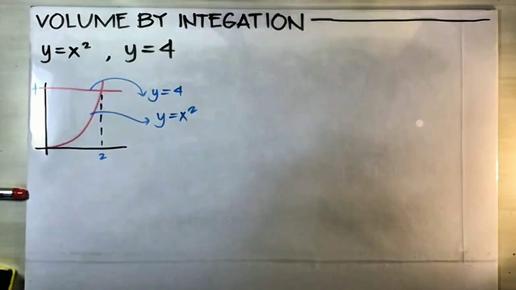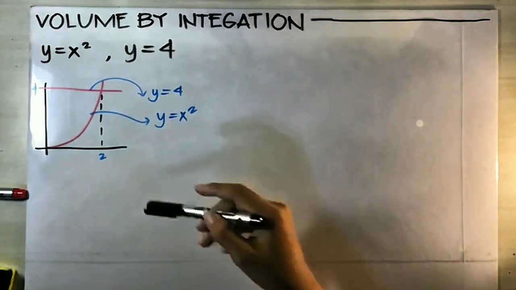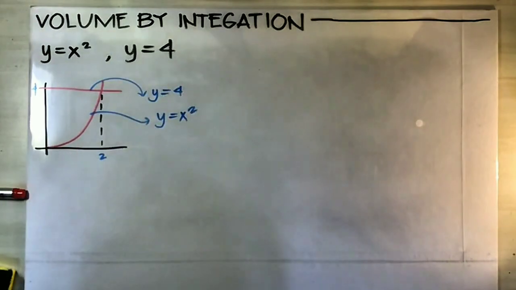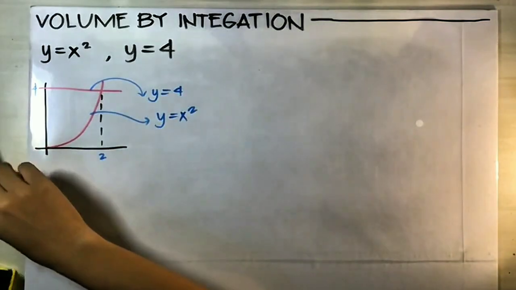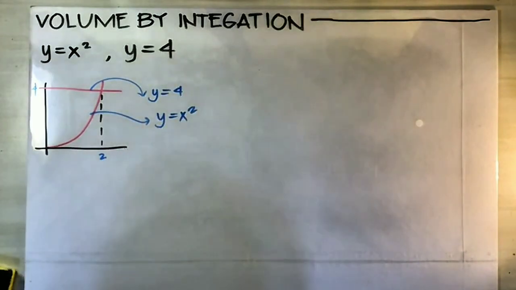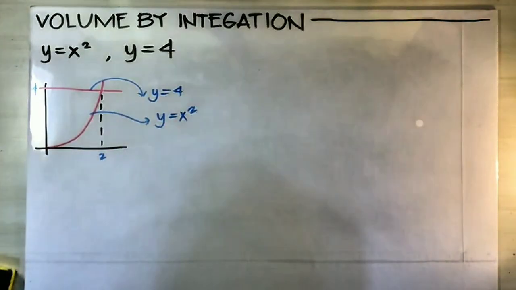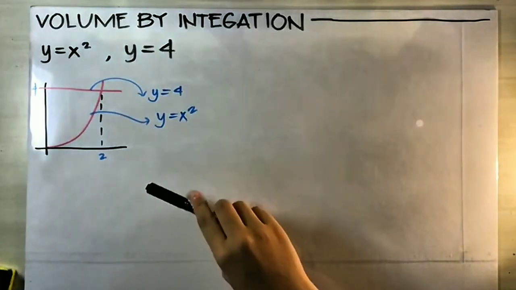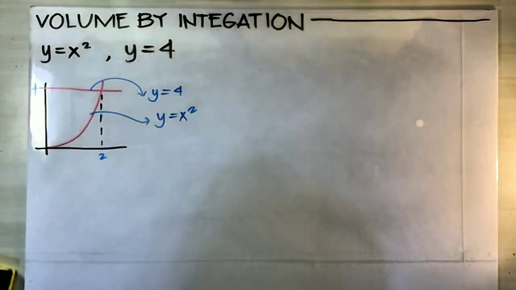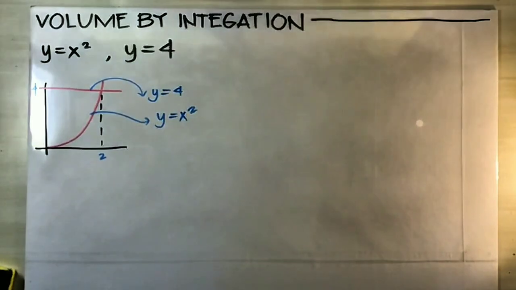So in order for us to get the volume of this plane, we need to revolve it around the axis. So why do we need to revolve this? Because as we can observe, the region that we have is only 2D. And we know that for us to get the volume, we need a 3D solid.